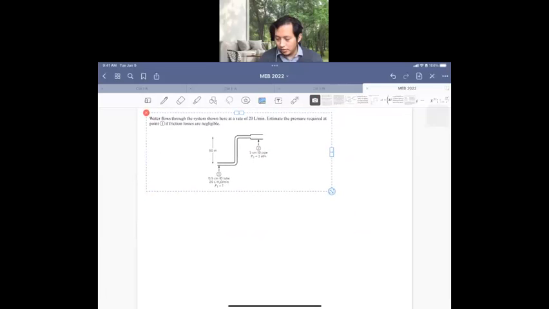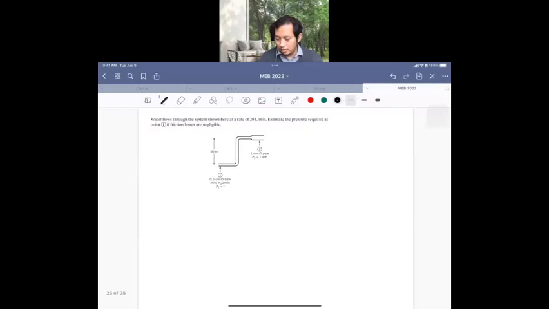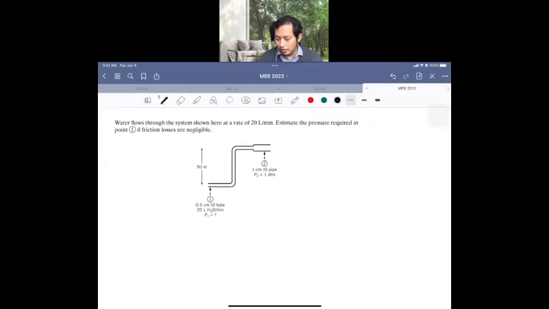equations from here. So estimate the pressure required at point 1. Actually, point 1 is here, so it's asking for pressure 1. We have the difference in height, we have pressure 2, and all the cross-section areas, right?